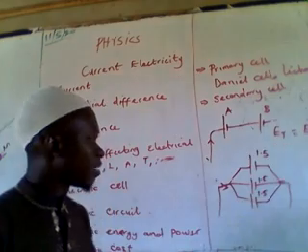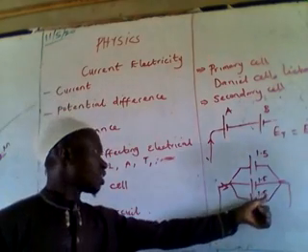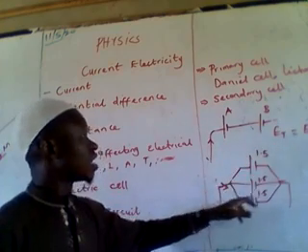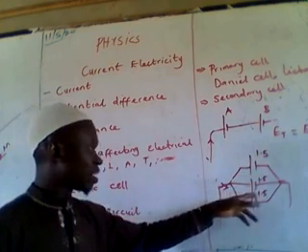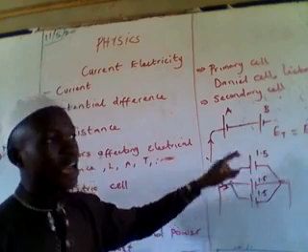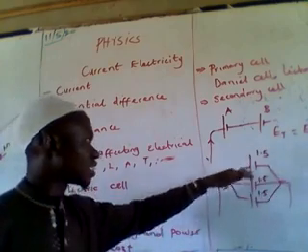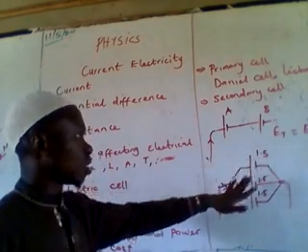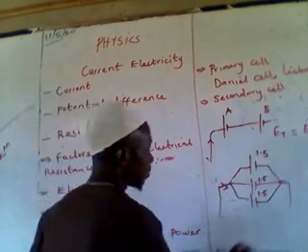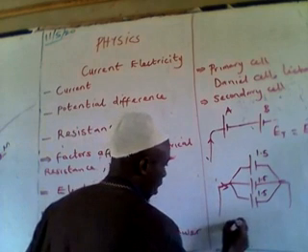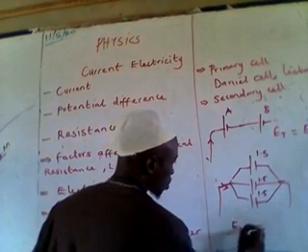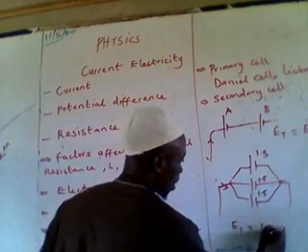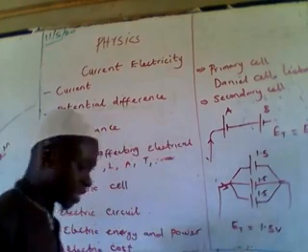So the total EMF here is that you pick one EMF out of the entire cells you have. So from this parallel connection, E total equals the EMF of any one of them, which is 1.5 volts. I hope that is clear.